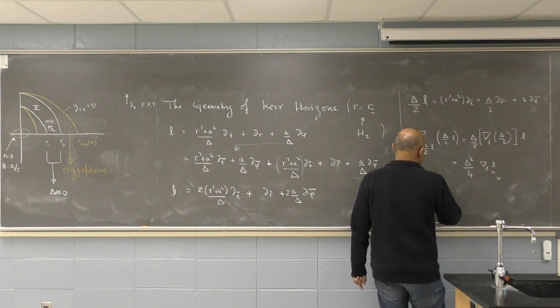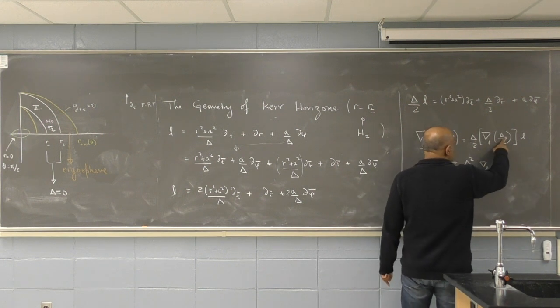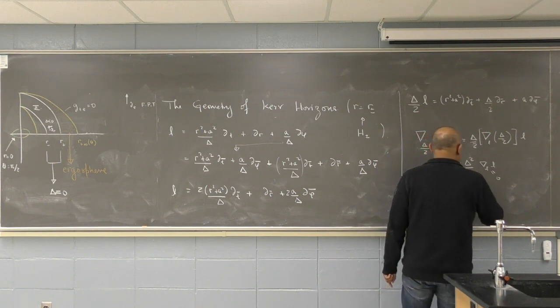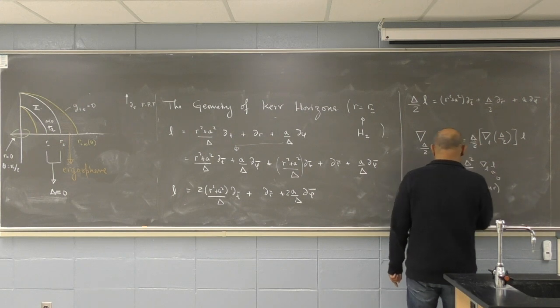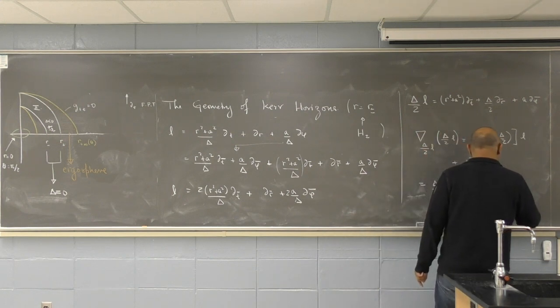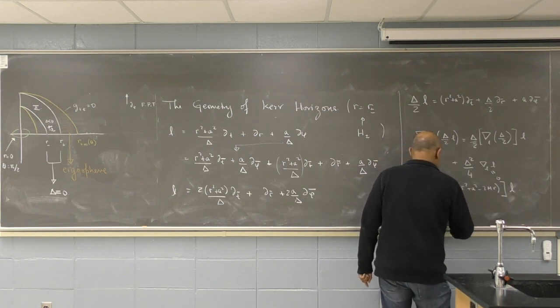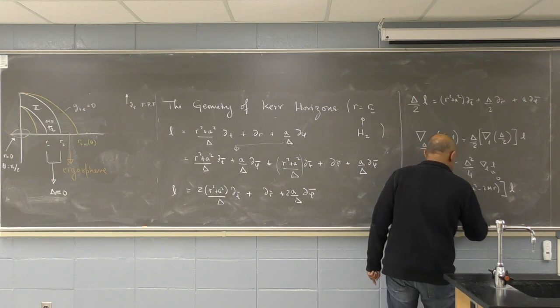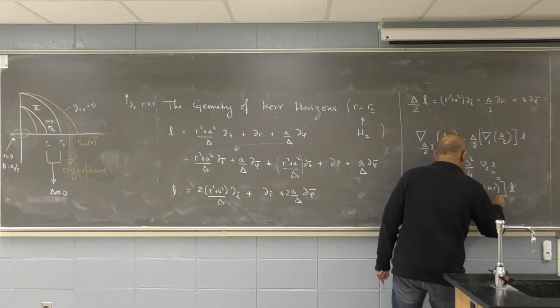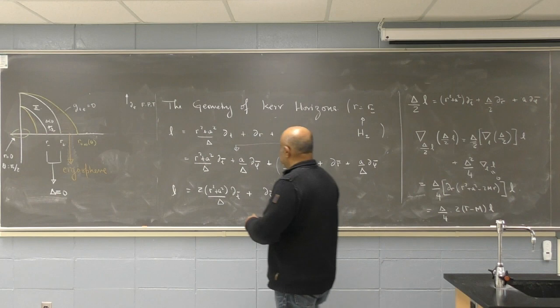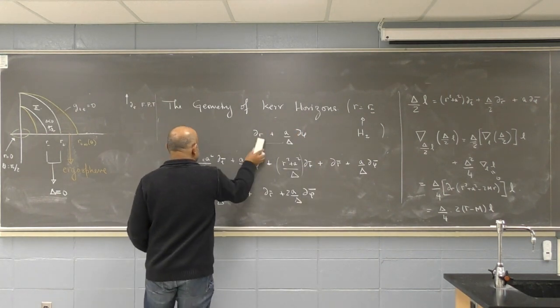So this is delta over 4. Delta is only a function of r, so I would have d/dr of r squared plus a squared minus 2mr times L, and that is delta over 4 times 2r minus m times L. Let me write down what I mean to write down at the end.